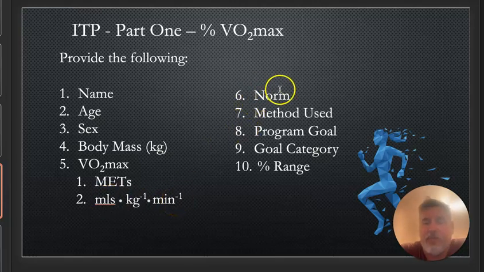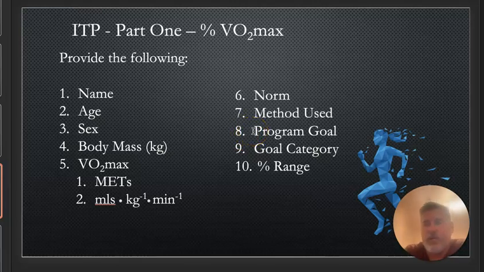You're going to provide what norm, and I've given you some norms on the end of this PowerPoint. If you can't find norms in your book or in the ACSM book, you may use the ones that I've provided in the back as examples. The method used to determine your VO2 max, and then your program goal.